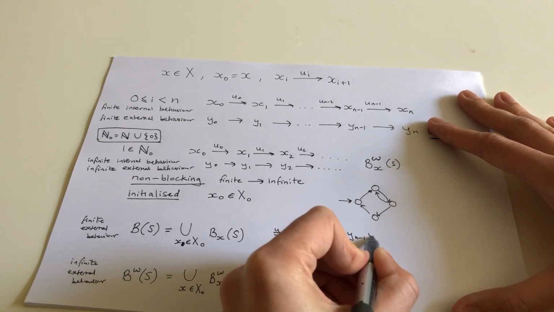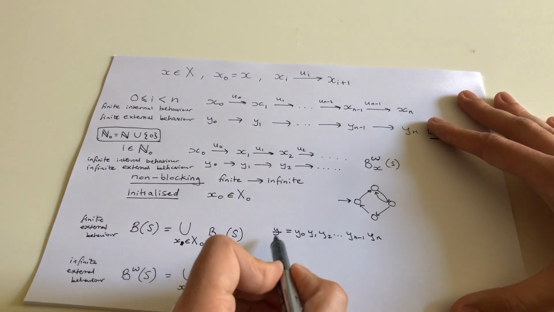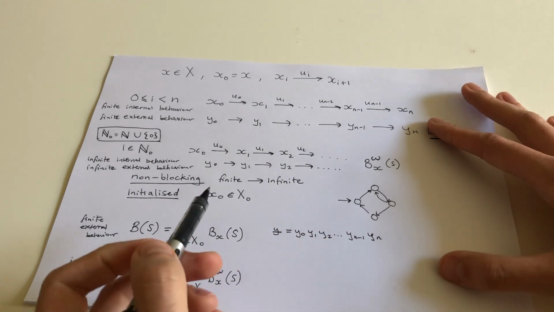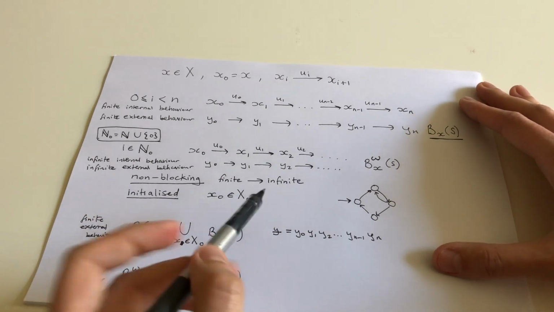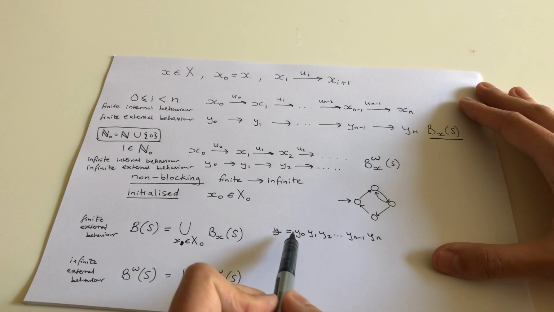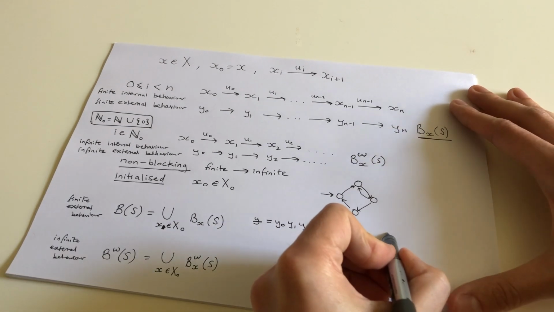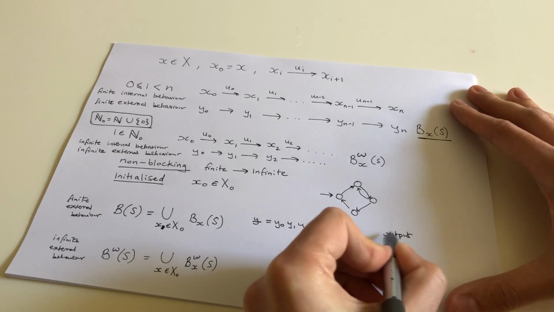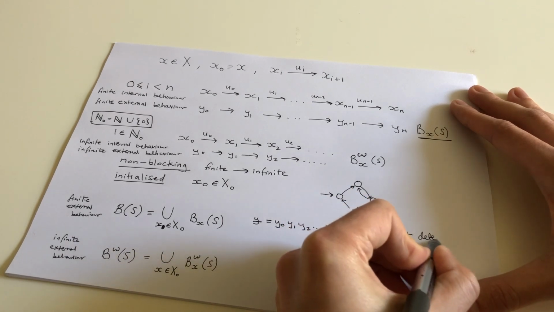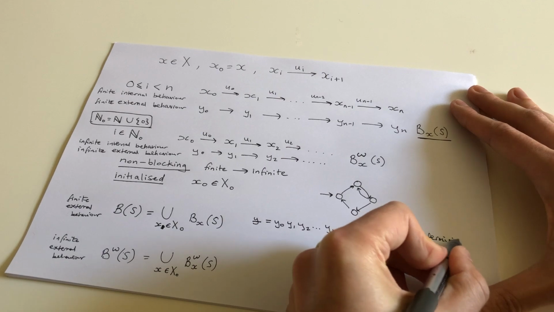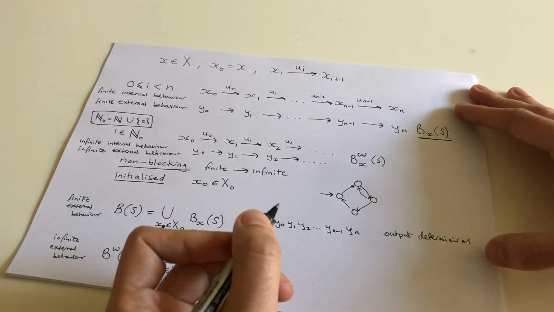Let's take the finite case. So we have this chain here. By seeing the external behaviour, in the case of output determinism, we can identify the states inside of the system.